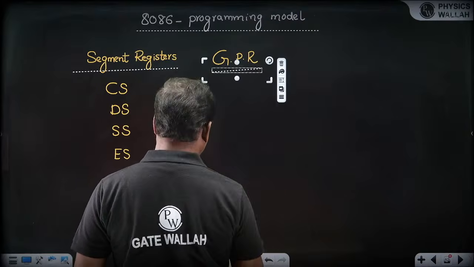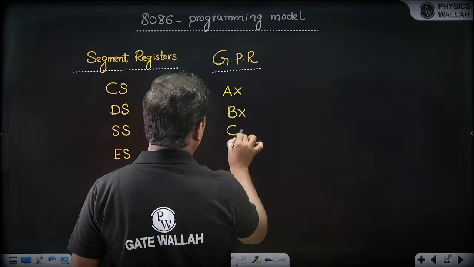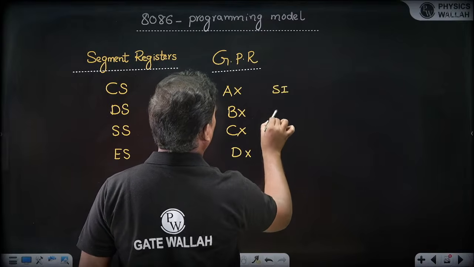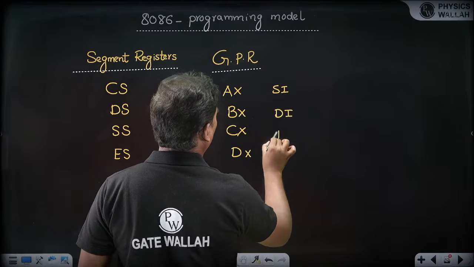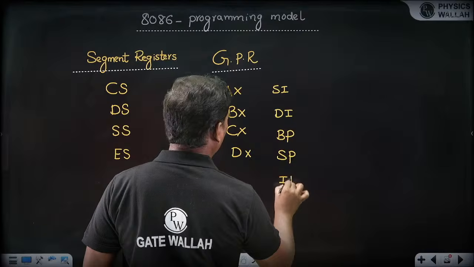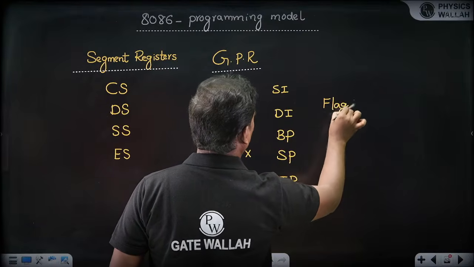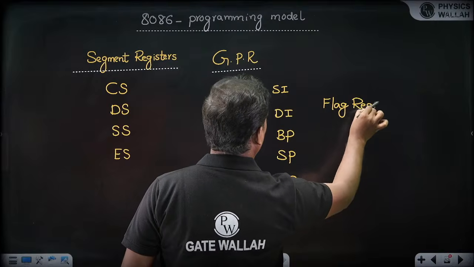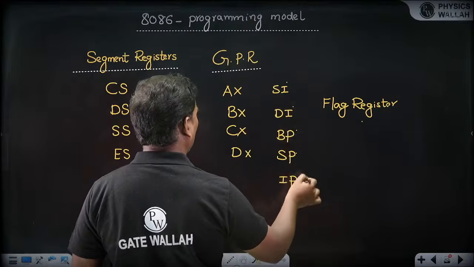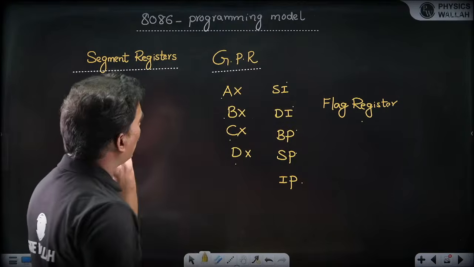They are AX, BX, CX, DX, source index, destination index, base pointer, stack pointer, instruction pointer, and a flag register. So 1, 2, 3, 4, 5, 6, 7, 8, 9, 10, 11, 12, 13, 14. So 14 registers total.